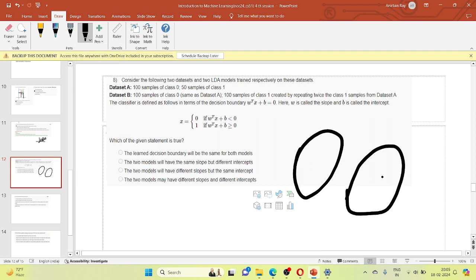For class 0 there are 100 samples and here are 50. In the other data set you have 100 samples but 50 are repeated twice, so every sample is repeated twice. Answer these questions.